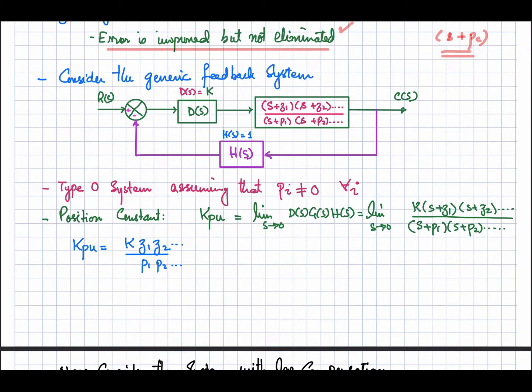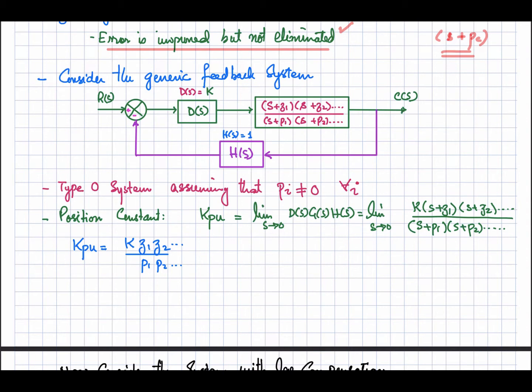So for a type 0 system, pi will not be equal to 0, because if any of these poles goes to 0, then it will become a type 1 or type 2 system. So for all values of i over here, this p cannot be equal to 0, right?